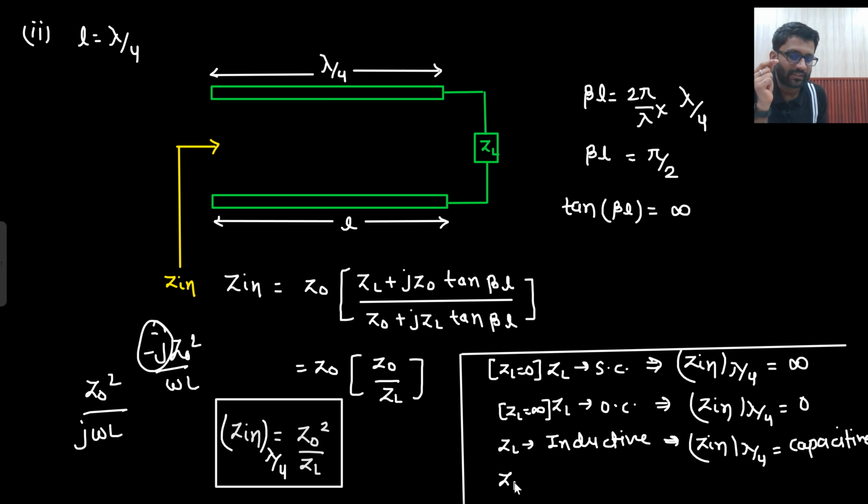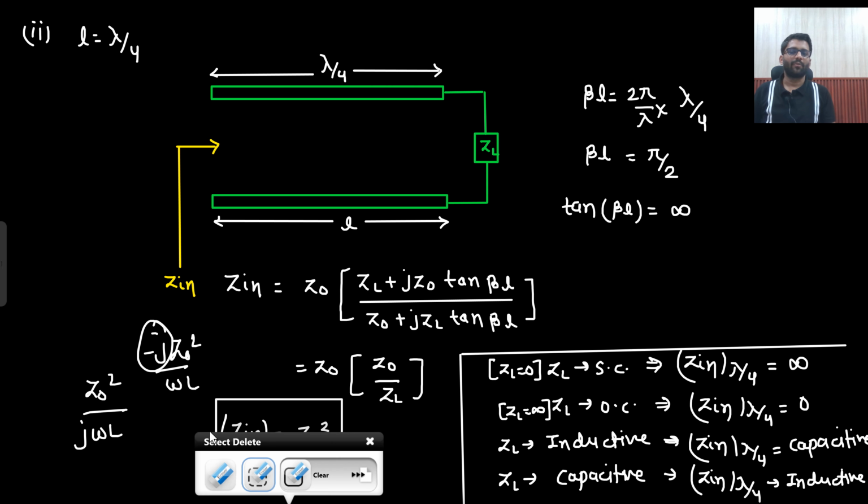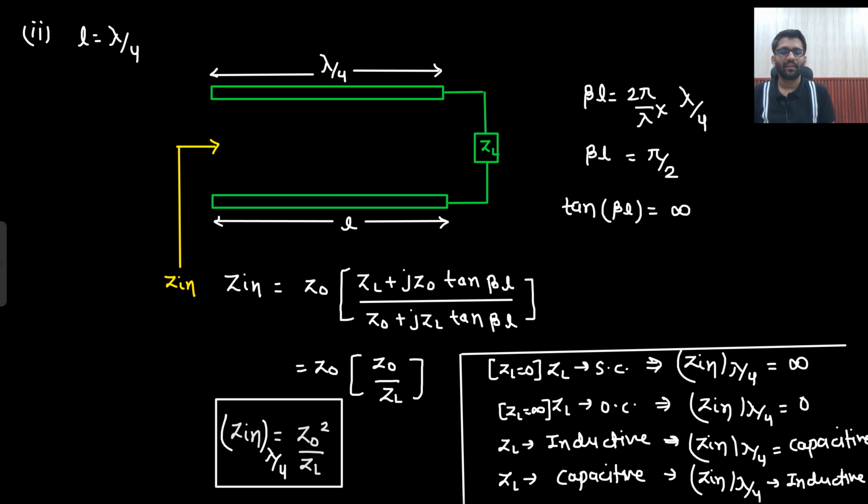And if ZL was capacitive, then Zin for lambda by 4 would be inductive. So in lambda by 4 line, inversion is happening: short circuit load gives open circuit, open circuit gives short circuit, inductive load gives capacitive input impedance, and capacitive load gives inductive input impedance.